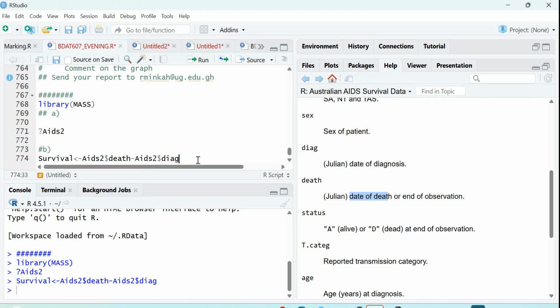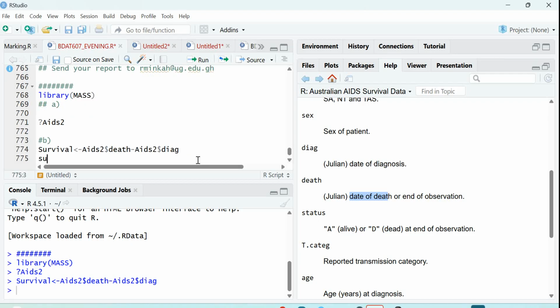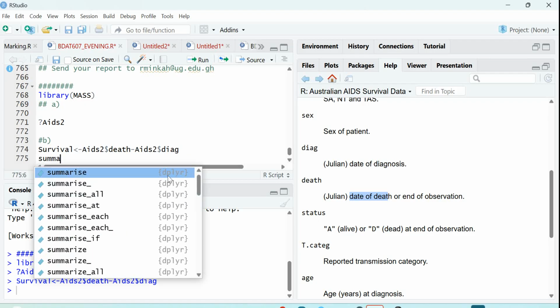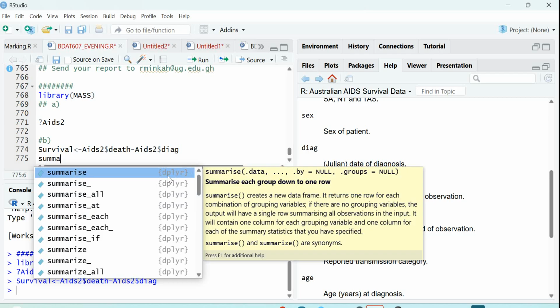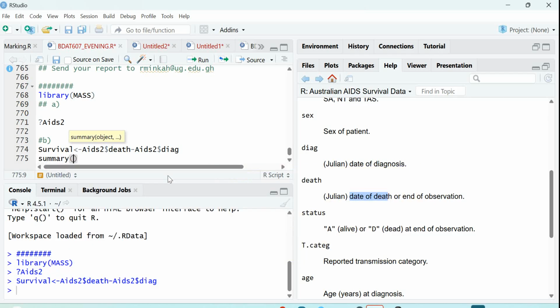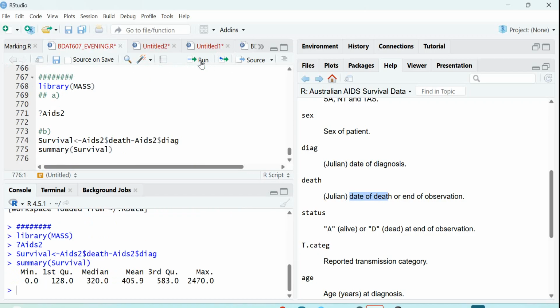And if you want the summary statistics or descriptive statistics, you can use summary of survivor. Okay, so this is it.